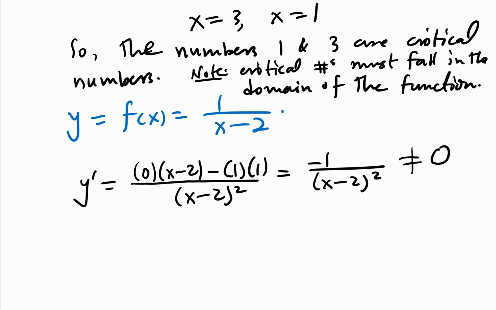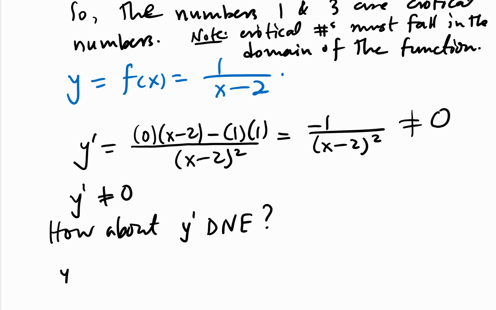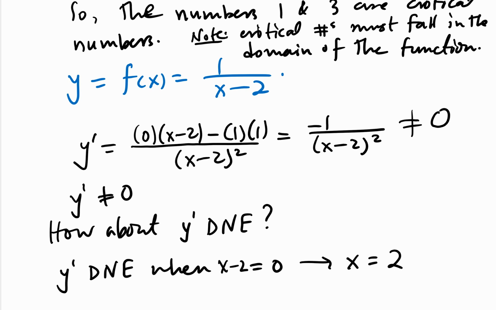How about y prime does not exist? Well, it does not exist when the denominator is 0. So that tells me x equals 2.